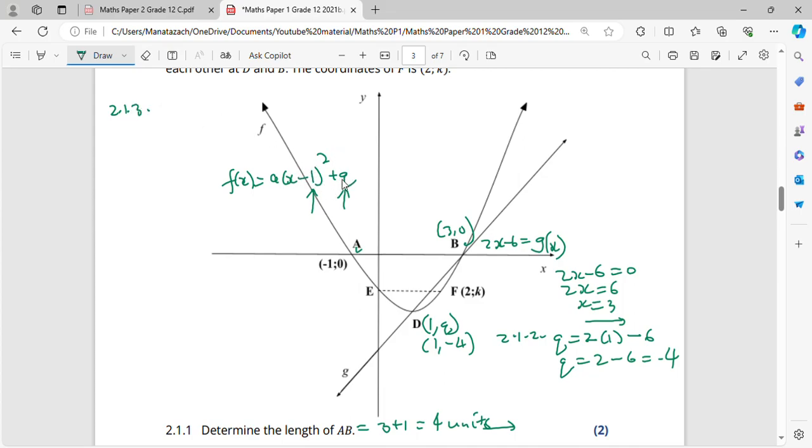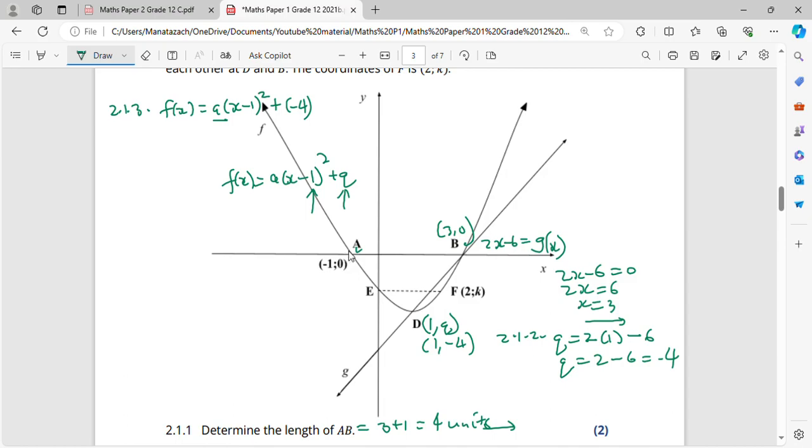First of all, we've identified the value of q. So we can rewrite f of x as a times x minus 1 squared plus q, which is minus 4. Now we need to get a. That's the unknown that we do not have.